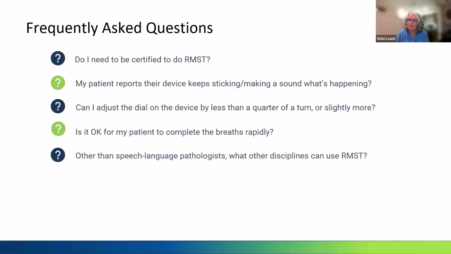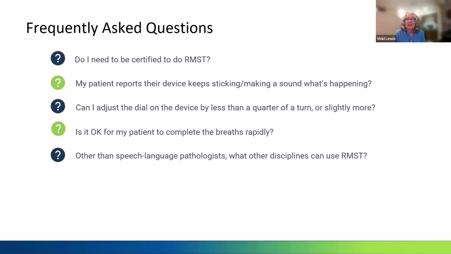You can always feel free to reach out to me. We're always talking about a quarter of a turn of the dial. So can I adjust the dial on a device by less than a quarter of a turn or more than a quarter of a turn? Absolutely. In fact, when I'm determining the training threshold for a really strong, healthy patient, I might increase it by a half a turn at a time just to get there faster.